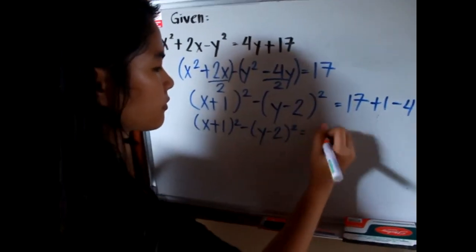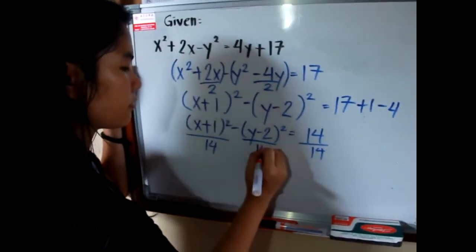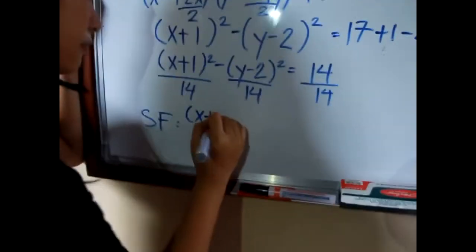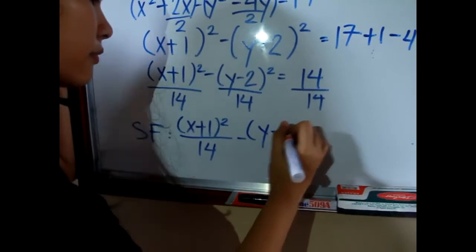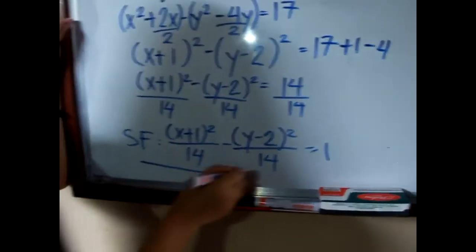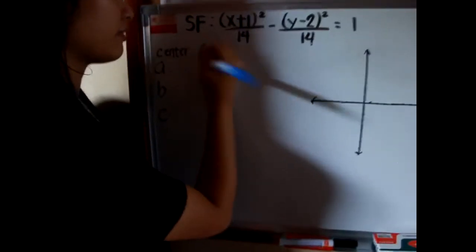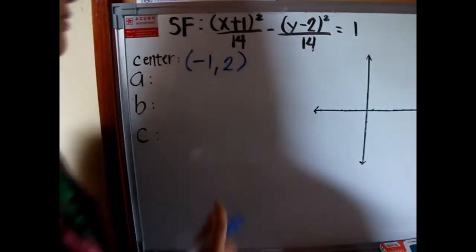Divide both sides by 14. And here we have our standard form. So now we can find the center from the standard form, which is negative 1 and 2.